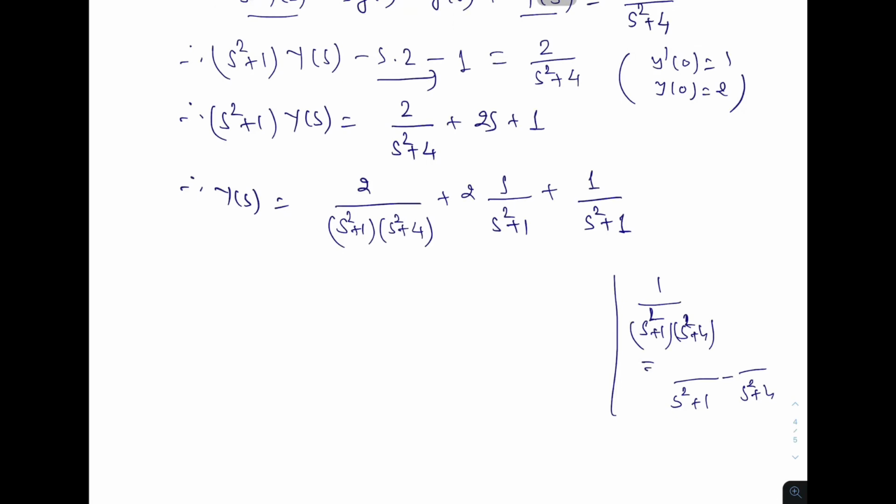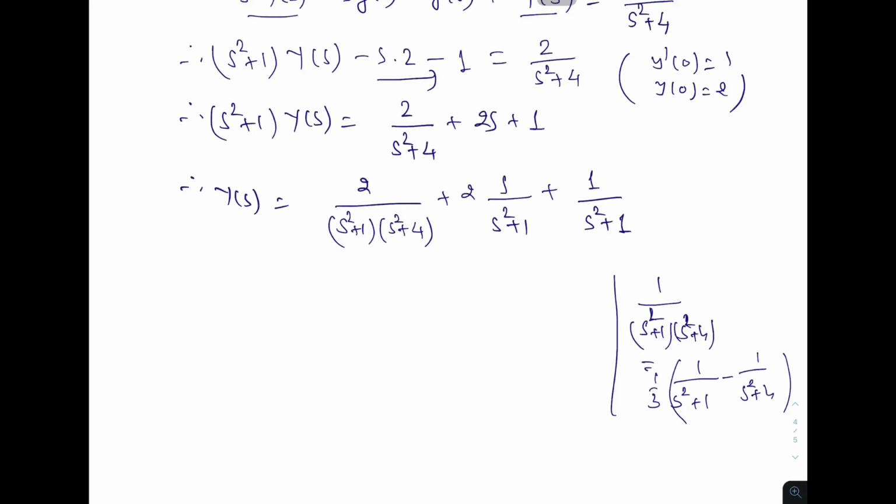So I need to divide by 3 here. Okay, that is easy. Or you can make it a upon s square plus 1 plus b upon s square plus 4, that is also not a problem.